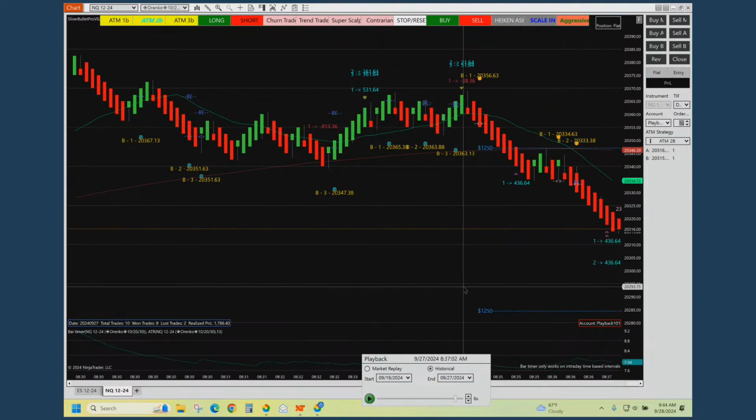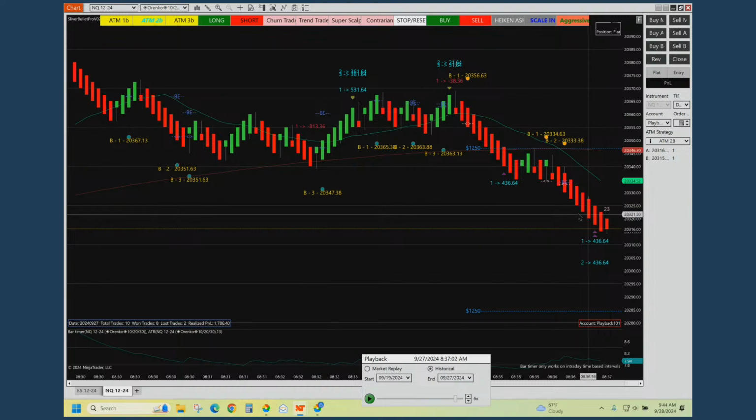Target filled. So this is another profitable trade. So this time, 2 trades. As I said, because I turned the scale in button on, it adds to a winning trade. So $436 from the first trade and $436 from the second trade. So we stand at $1,786 now.